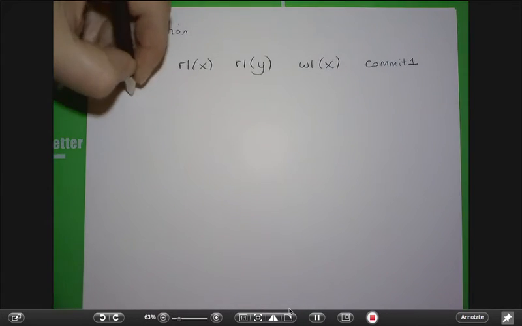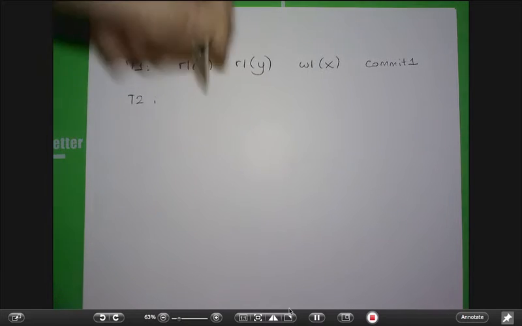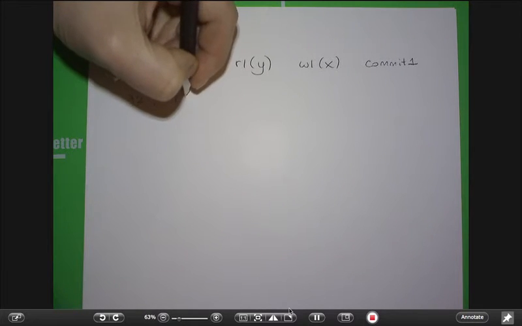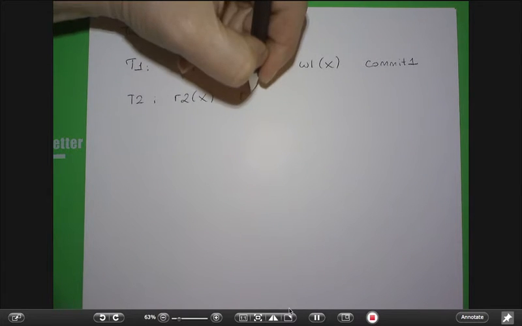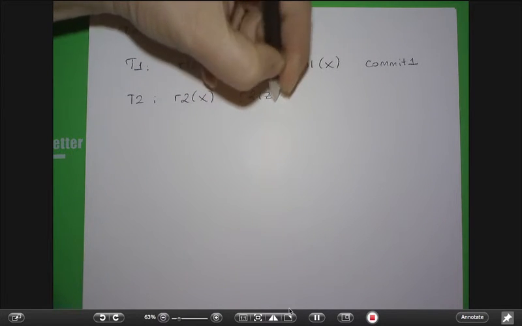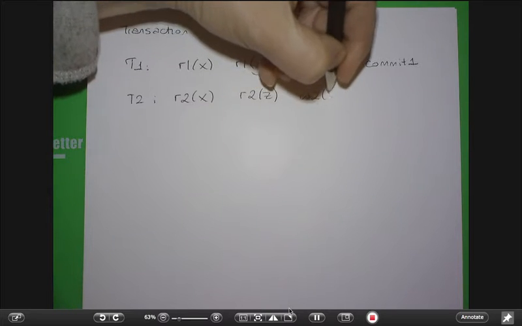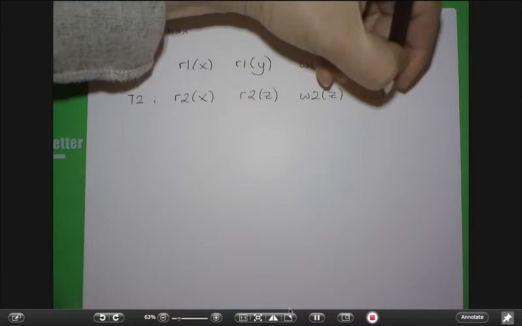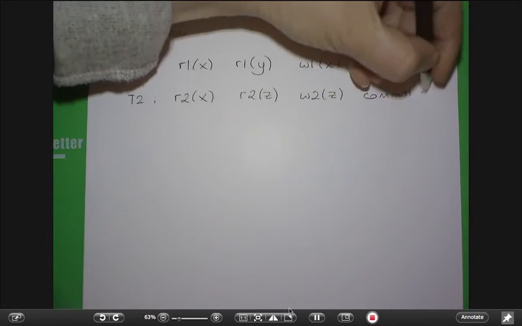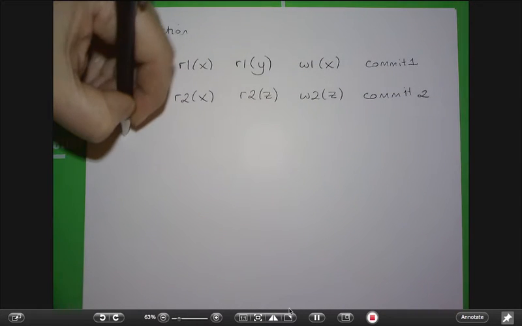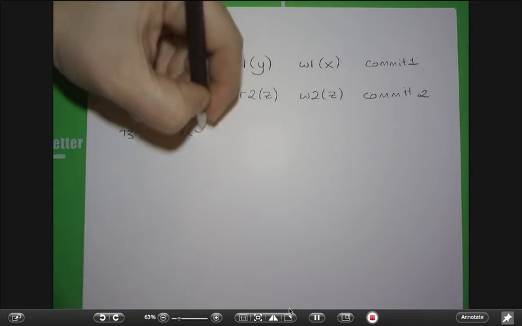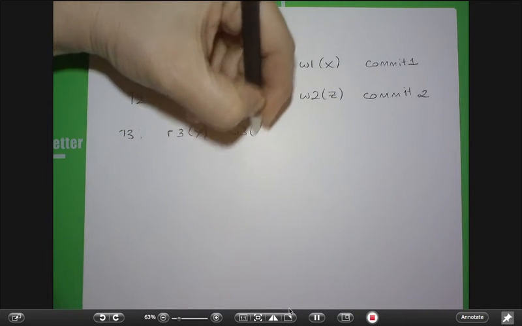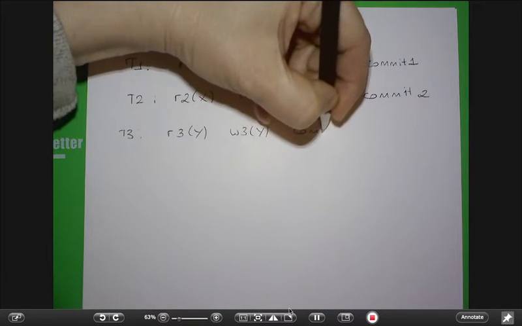So I can have another transaction. Let's say this one will read X and read Z, and it will write Z and commit. And transaction 3 could be something like read Y and write Y and commit.